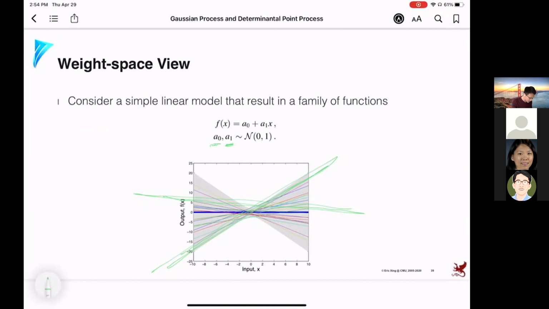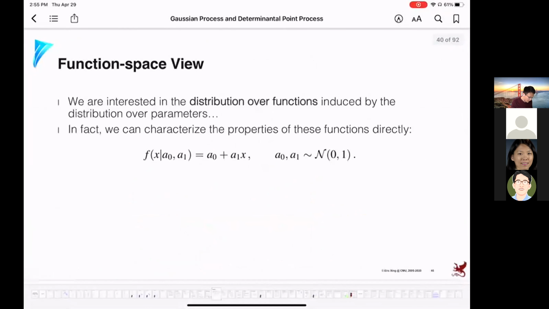So f(x) contains some randomness. It can be any of the lines we're showing here, this family of functions, and it itself follows a Gaussian distribution. We can even characterize very precisely what this Gaussian distribution is, because we can do computations with Gaussian distributions; in this case it is just multiplication and addition.